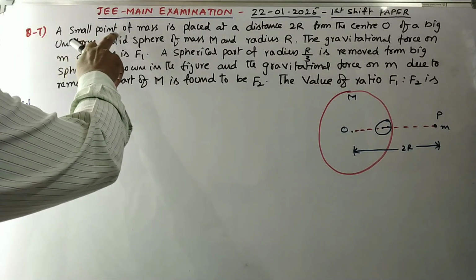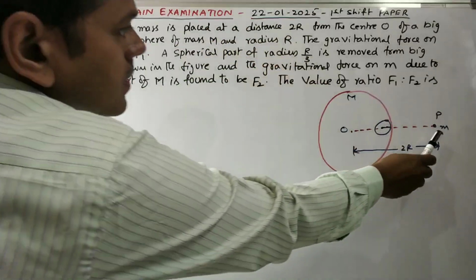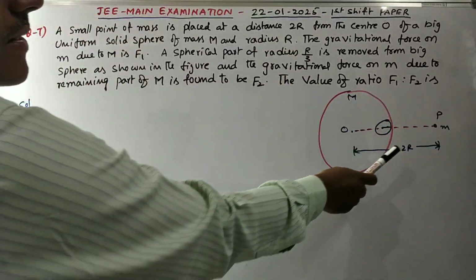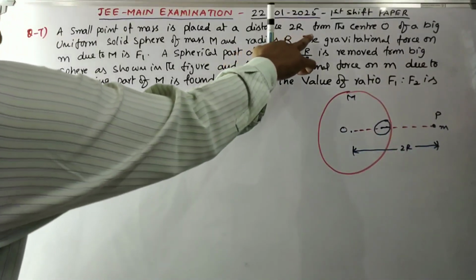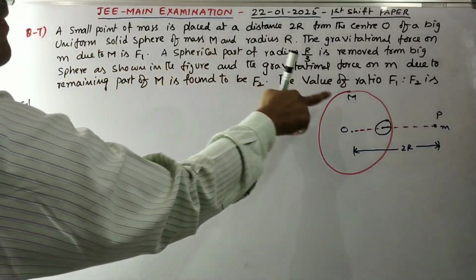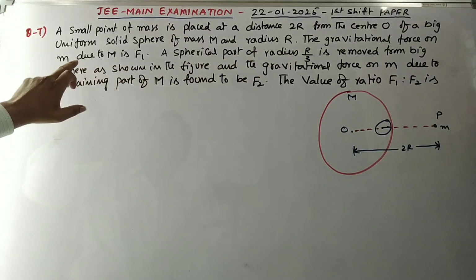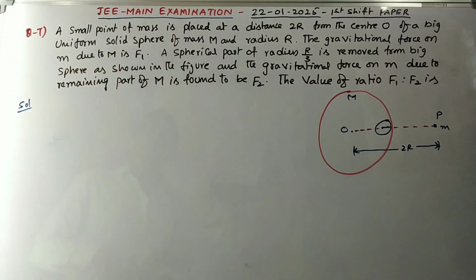The seventh question: a small point mass m is placed at a distance 2r from the center O of a big uniform solid sphere of mass M and radius r.